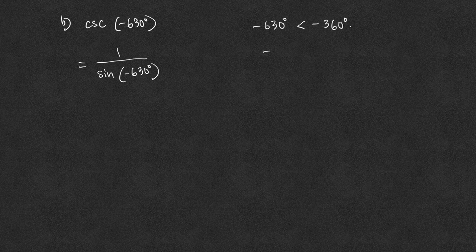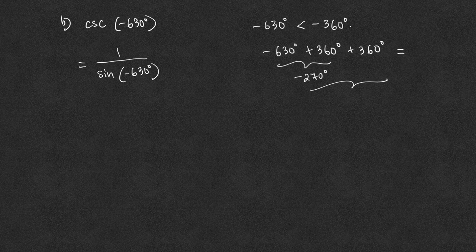And so we would keep adding 360 degrees until we end up with a positive angle. If we add 360 degrees only, we would end up with negative 270 degrees. And if we add another 360 degrees, then we would end up with 90 degrees.